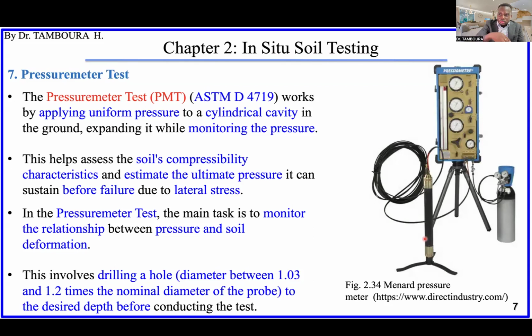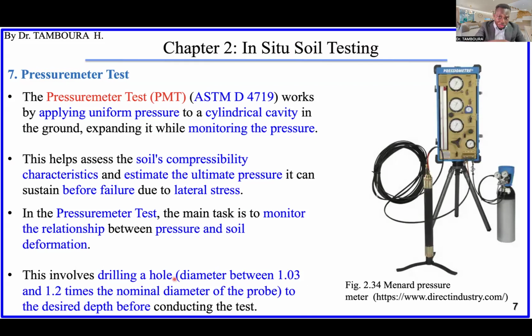You make a hole, meaning pre-drilling, and the diameter of the hole is between 1.03 to 1.2 times the nominal diameter of the probe. You see this probe diameter. Of course, there are several sizes. We will see this also now. So the diameter of the probe is considered when you make the hole.